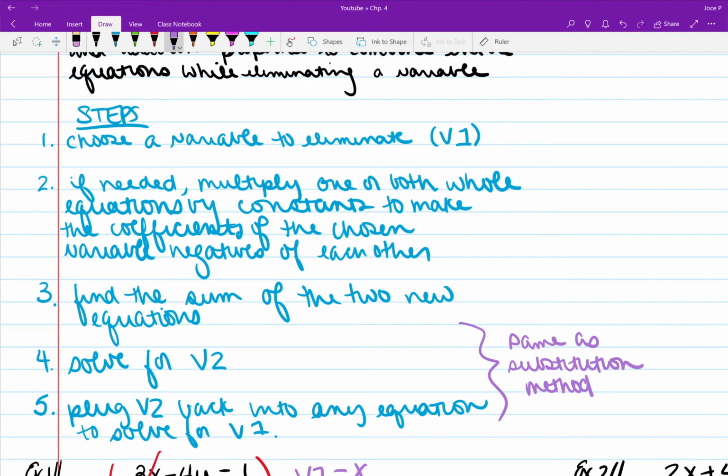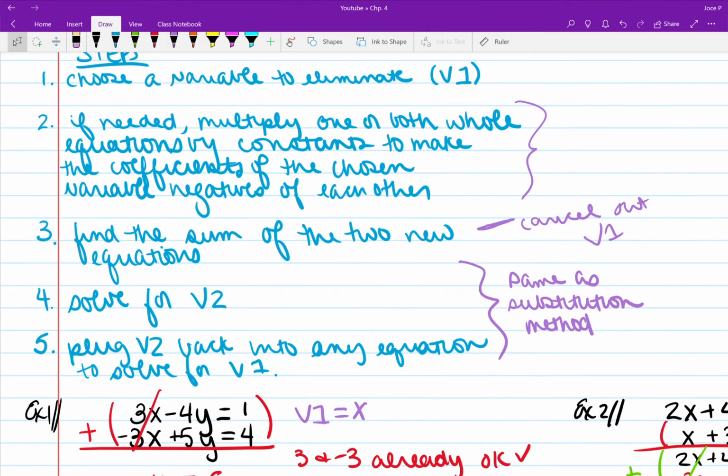And this right here is basically the main part of the linear combination. Step 3, find the sum of the two new equations. In doing so, you're going to be able to cancel out V1. It'll make sense in a few. Step 4, solve for V2. And then step 5, plug V2 back into any equation to solve for V1.